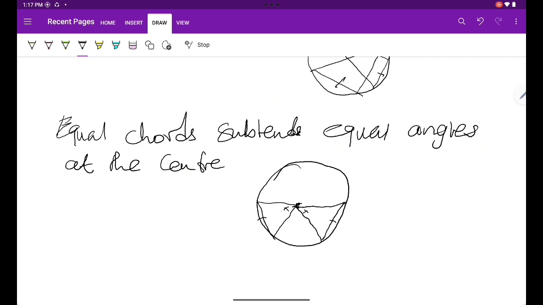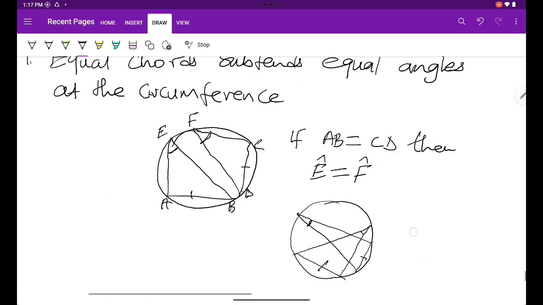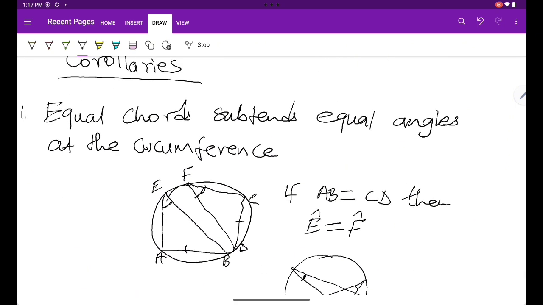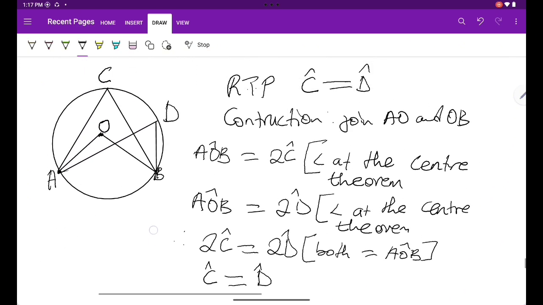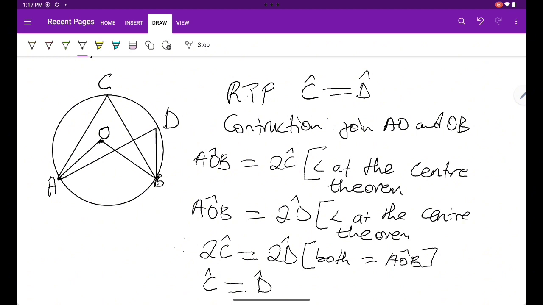These are corollaries to this theorem, that the angles subtended by the same arc or chord are equal. It can be either an arc or a chord.